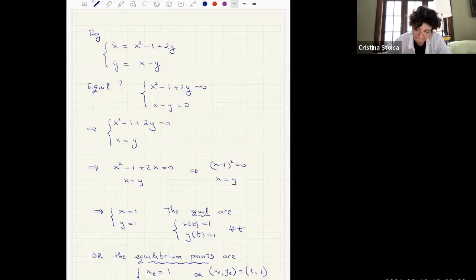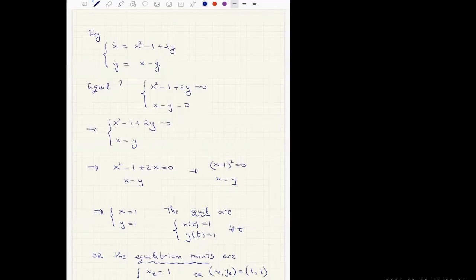So that is finding equilibria. Professor? Yeah. I think that x squared minus 1 plus 2x is not the same as x minus 1 squared. Oh no, you're right.